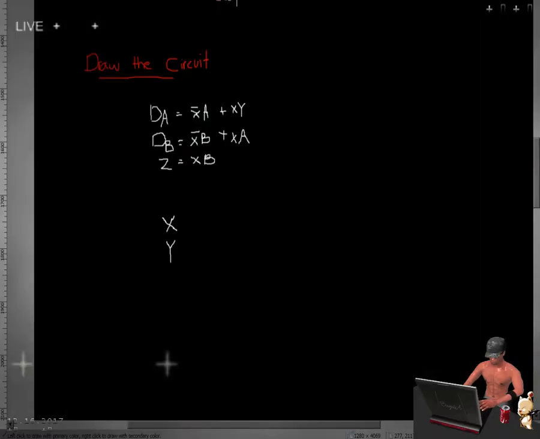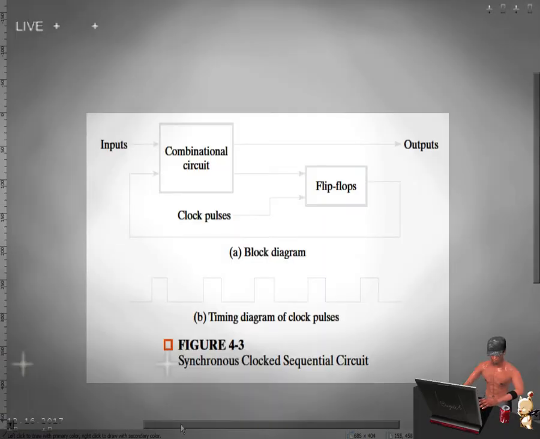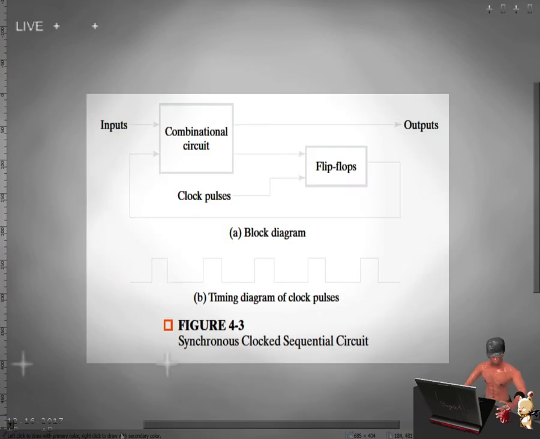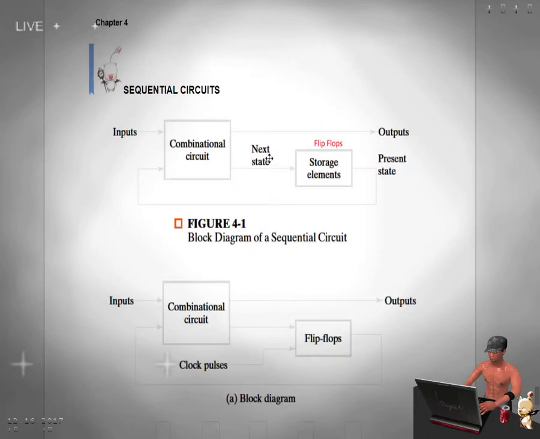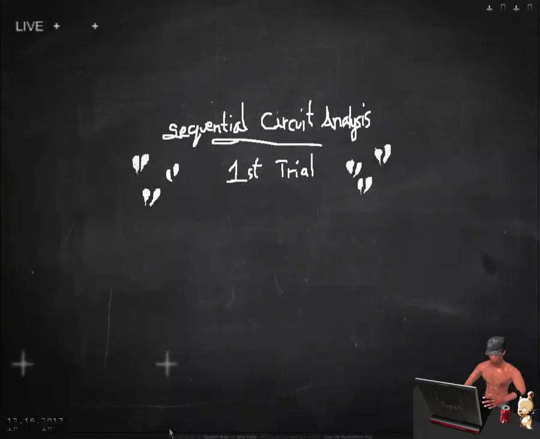If we look at this diagram, if we look at the notes here, it's telling us that the present state comes out of the flip-flop. It's unreal, but it does. DA present state, and then the present state comes back.